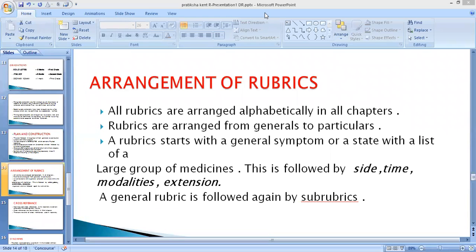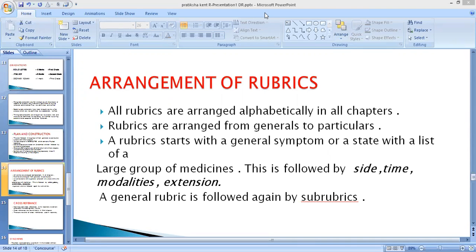Then the time is given. Kent follows the logic of general to particular in time also. First the daytime, then morning, forenoon, noon, afternoon, evening, twilight, night, midnight, after midnight. In this way, if there is any particular time of pain in head, it is given, and the time is arranged as the sun rises and the sun goes down.